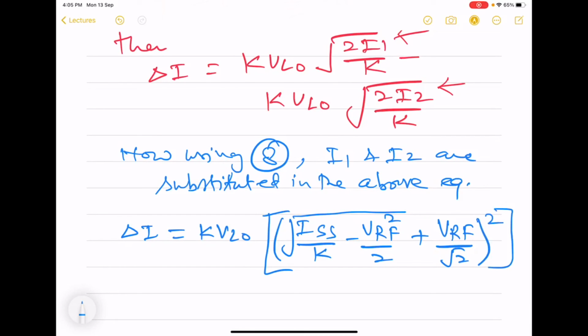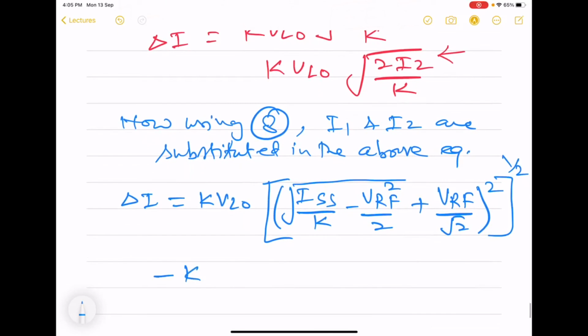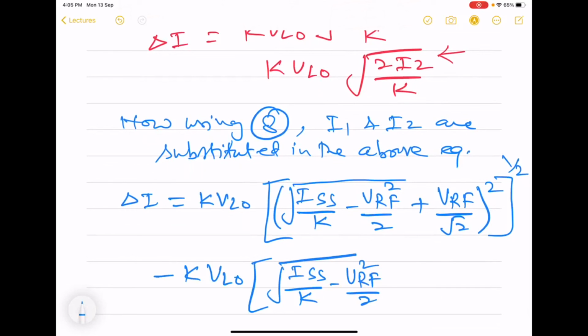So this is the expression for 2 I1 by K, and then we have the square root. Similarly, K VLO into the square root of ISS by K minus VRF by 2 whole square, minus VRF by square root 2 whole square, and then finally 1 by square root 2.